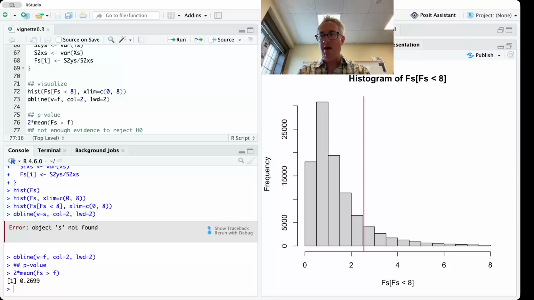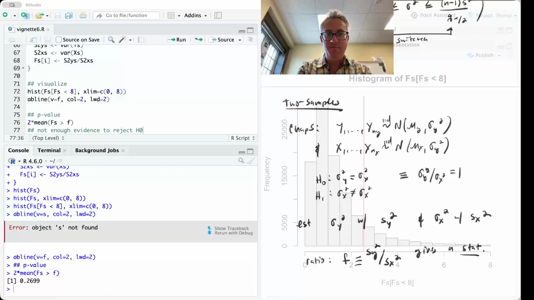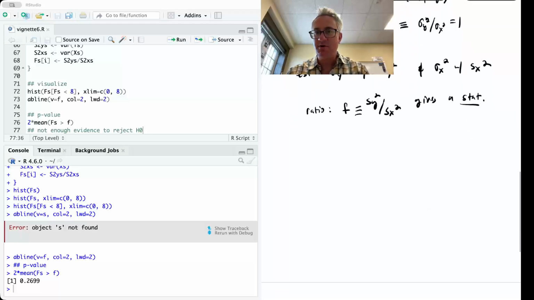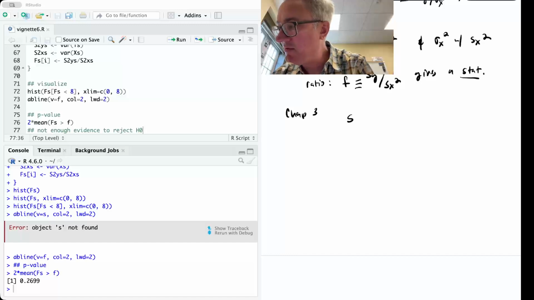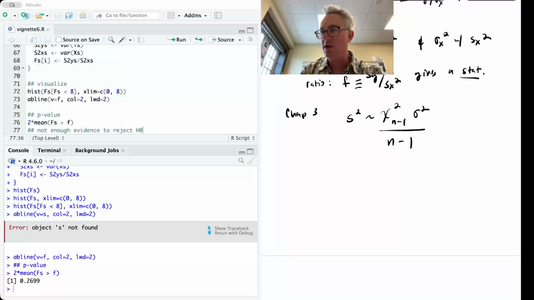All right, the math way. Let's go back to the whiteboard and scroll to give us some more space. All right, so in chapter 3, we saw that S values have a chi-squared distribution with n minus 1 degrees of freedom around their sigma squareds, sort of a setup like that.